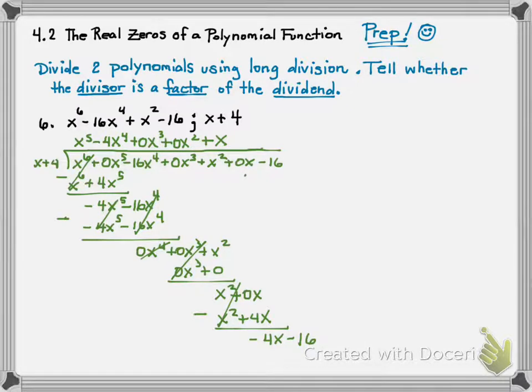And what times x is negative 4x? That would be negative 4. That gives me negative 4x minus 16. Right, when you distribute, subtract that, that all goes away, and we indeed have a remainder of 0.